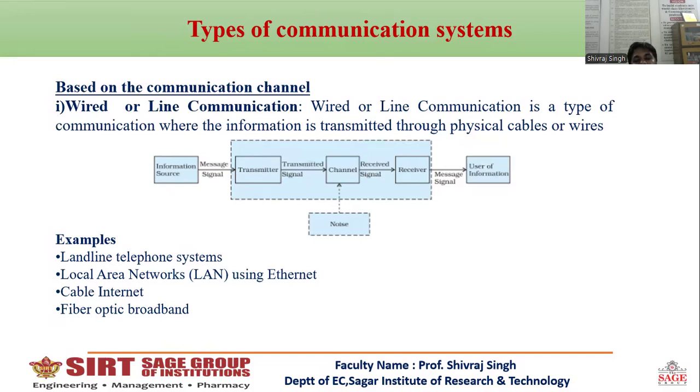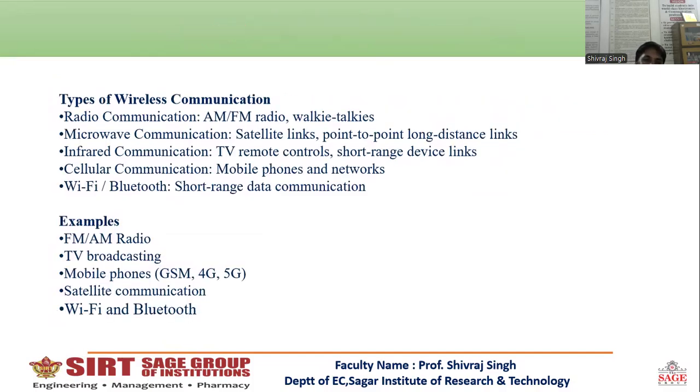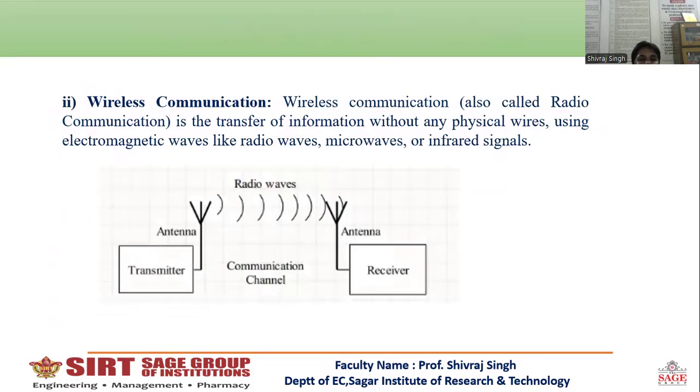These are the physical media through which the electrical signal is transmitted. Basic examples of wireline communication are the landline telephone system, LAN cable, internet, optical fiber cable, broadband. These are wireline communication. Another is wireless communication.